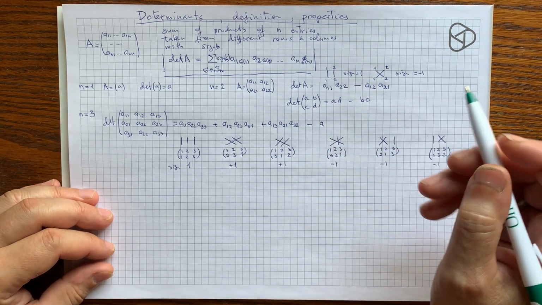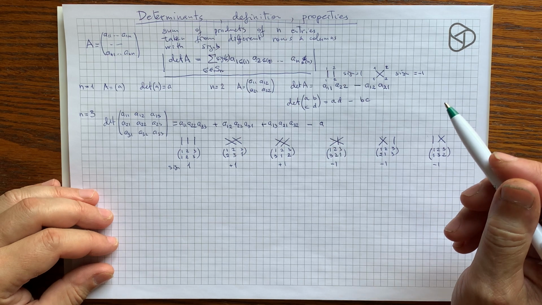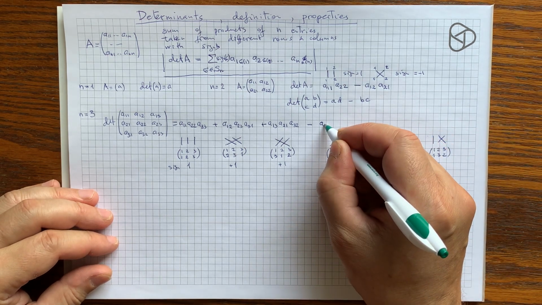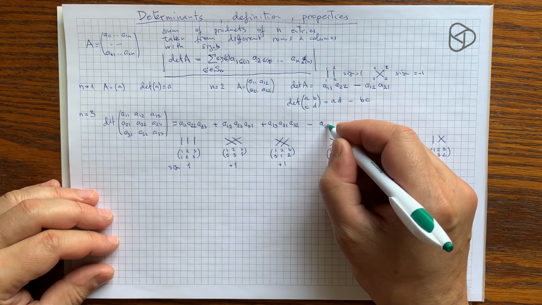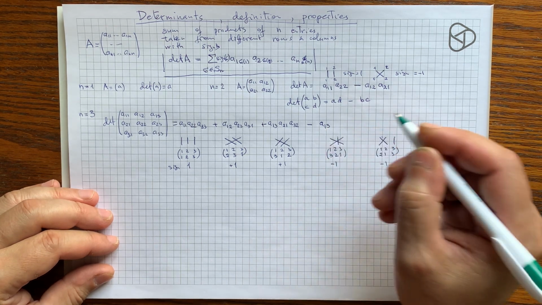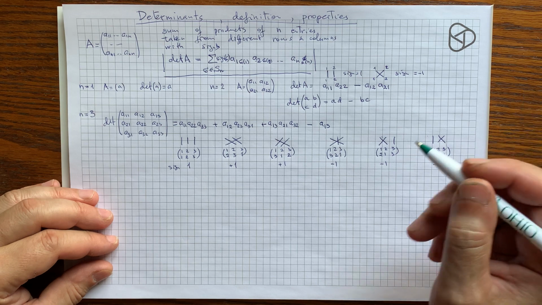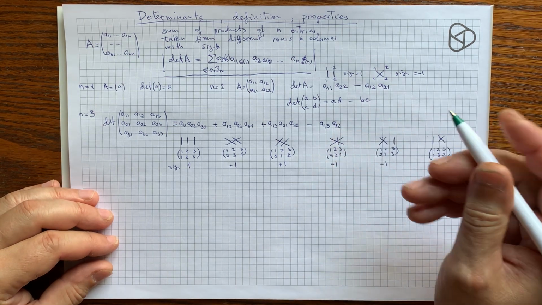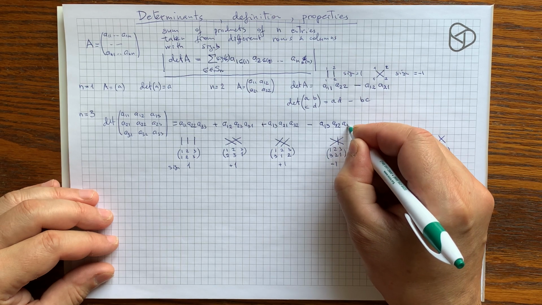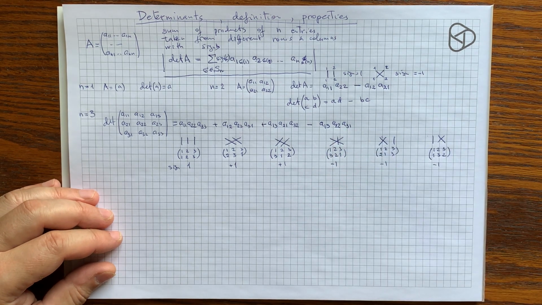Here, the positions of factors in the product are like that. From the first row, the third element, A13, from the second row, it's the second position, and from the third, it's the first.